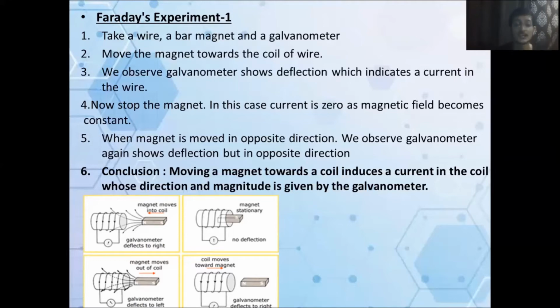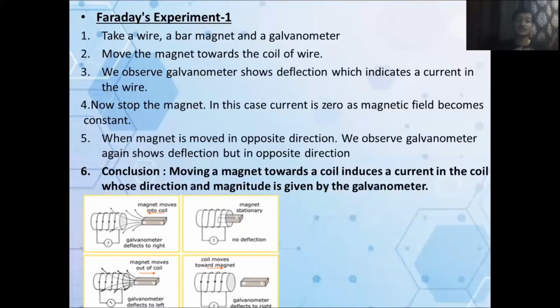you are changing the magnetic field which is linked with that coil. We can take this as an analogy, like pouring water into a glass. If you are pouring, it means the water level is changing. As soon as you stop pouring water, its level becomes constant, fixed. The same happens here. When a magnet is moved towards the coil, its magnetic field changes.